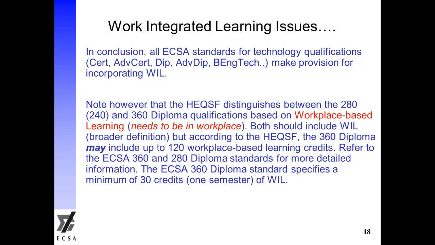It is important to realize that if a qualification incorporates work-integrated learning, the institution offering the qualification is responsible for placement and quality assurance. If a university, therefore, includes workplace-based work-integrated learning, the institution is obliged to find placement for the student and to quality assure the learning taking place in the workplace.